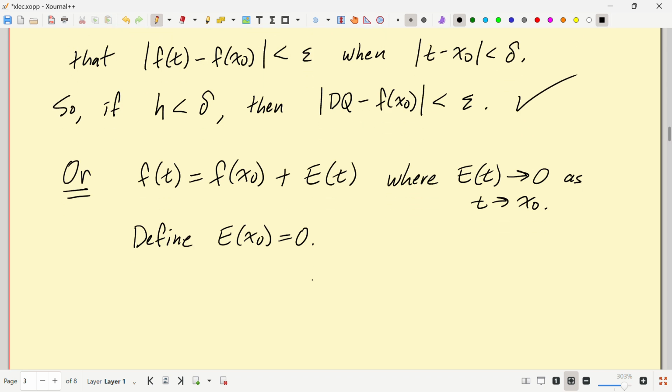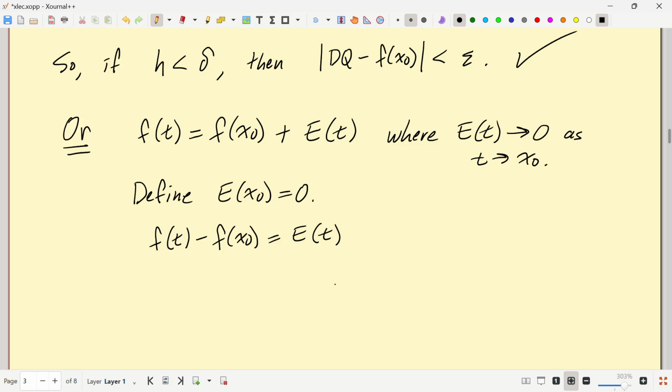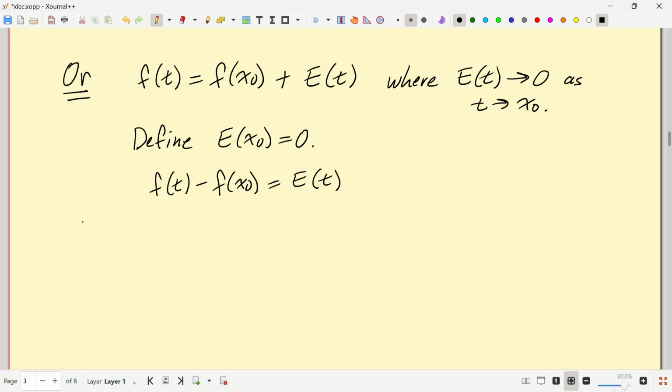Then f of t minus f of x naught is that small error. And when I do the estimate above, the difference quotient minus f of x naught would be less than or equal to 1 over h times the integral of this small thing.